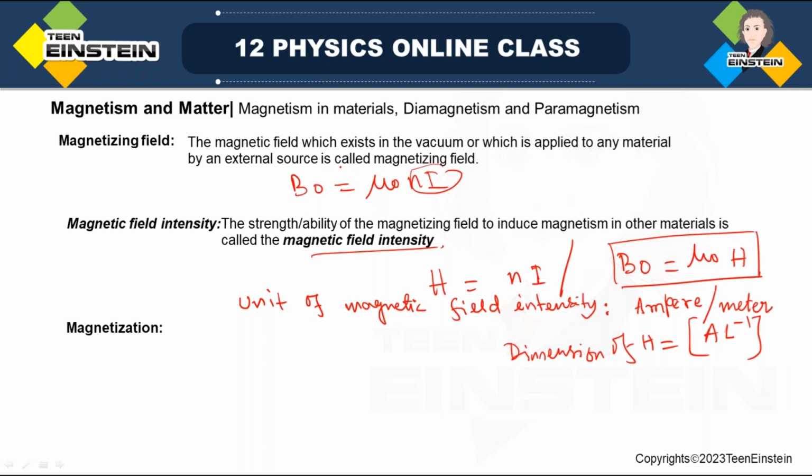The magnetizing field is just the external magnetic field, and it is the strength of the external magnetic field.